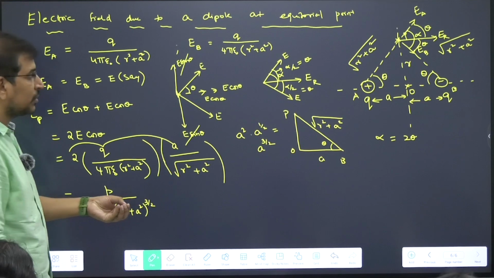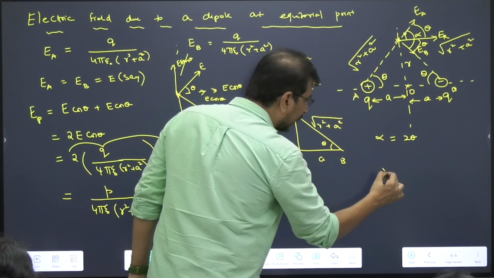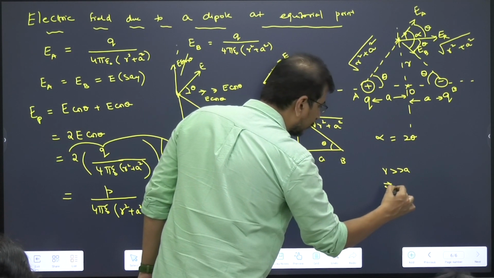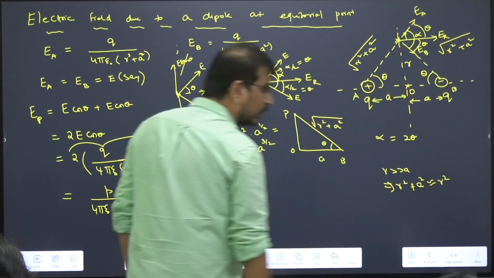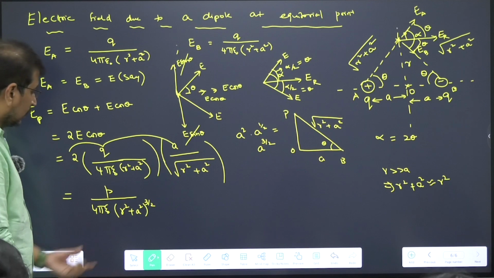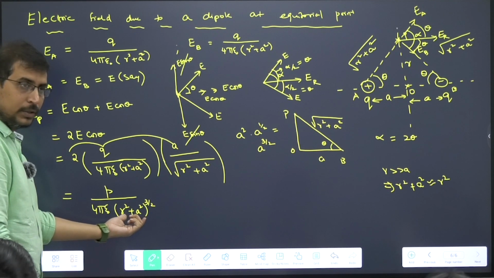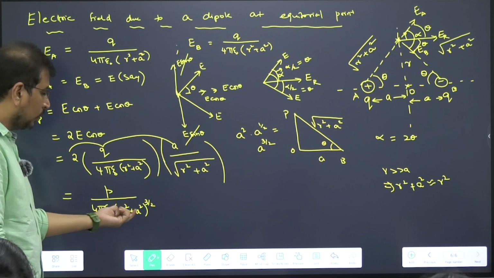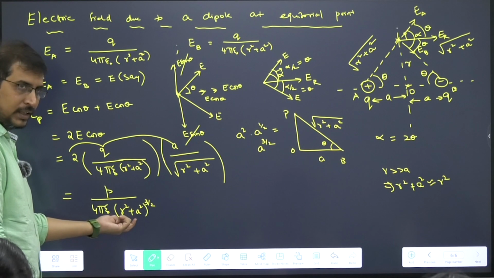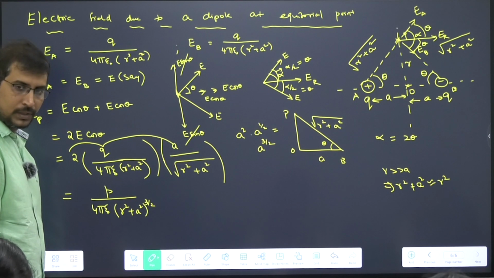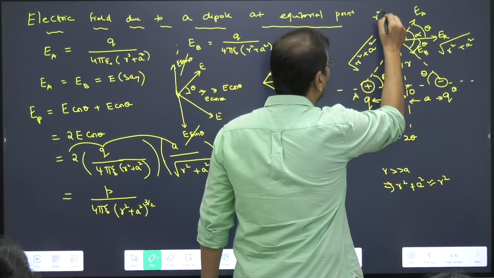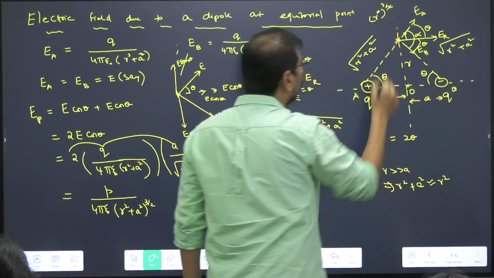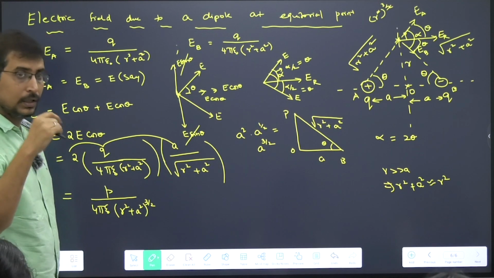But we know the approximation. What is it? We know that R is very much greater than A, which implies R square plus A square is approximated to R square. So R square to the power of 3 by 2 is R to the power 3. You will be left with R cube.